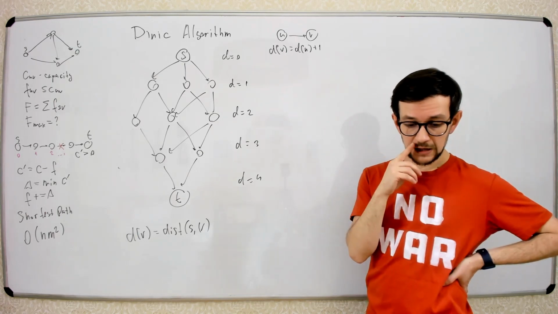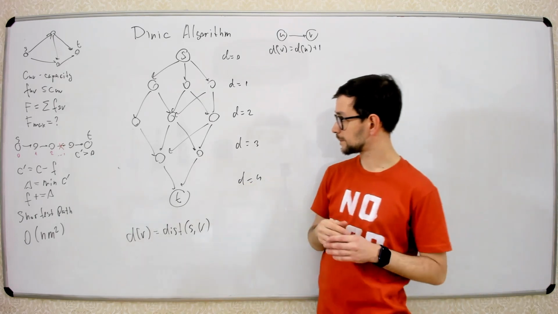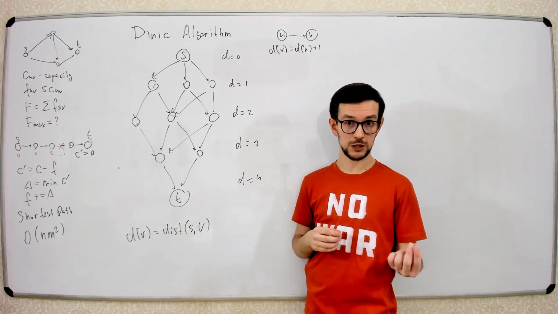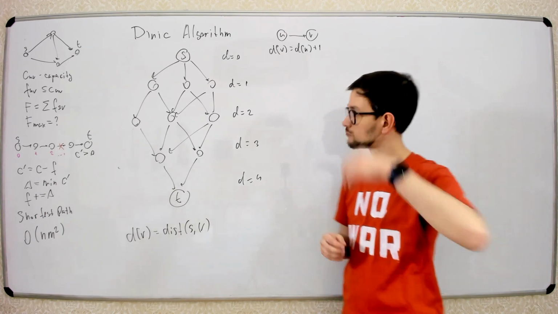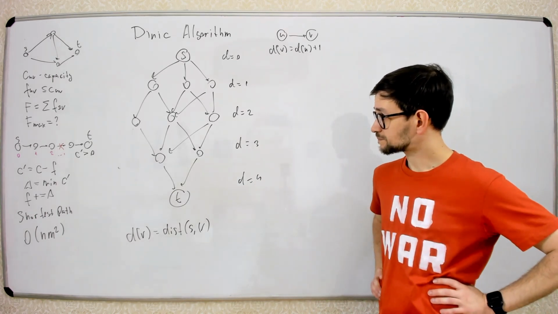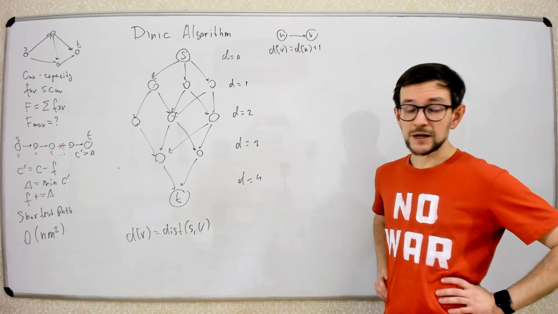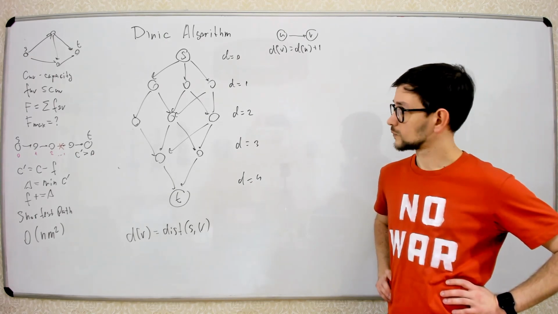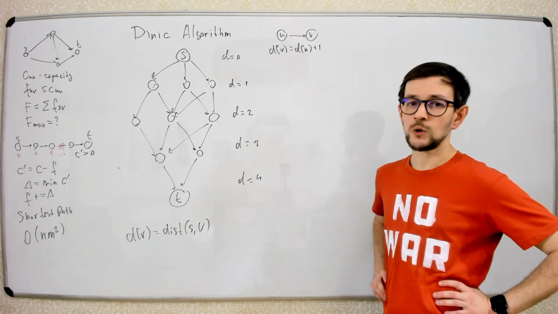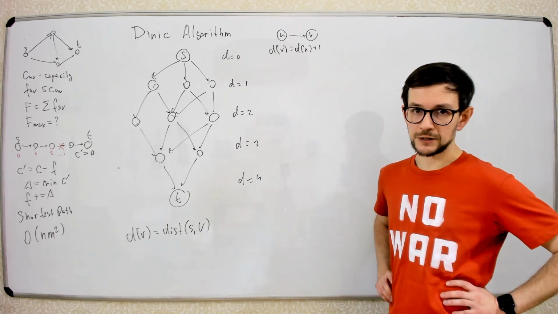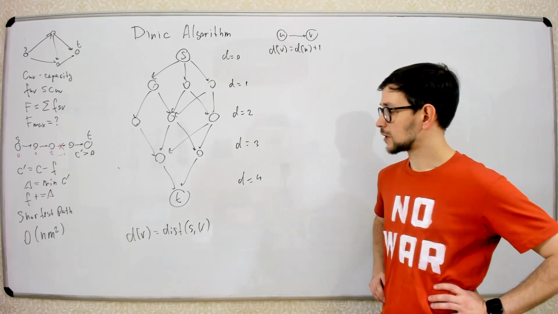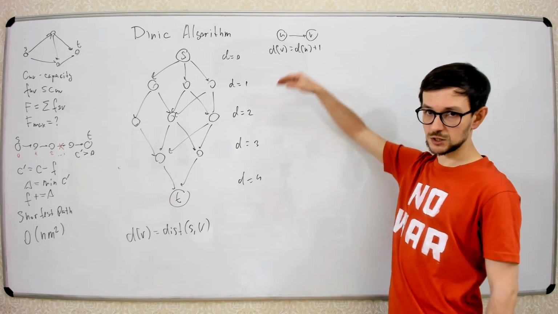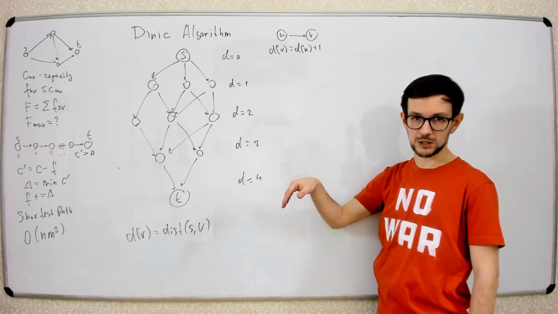Now, if you build this graph, how can you find the shortest path from S to T? First of all, you can build this graph in linear time. You run the BFS algorithm, calculate the distances, then remove all edges except these edges, and remove all the dead ends.